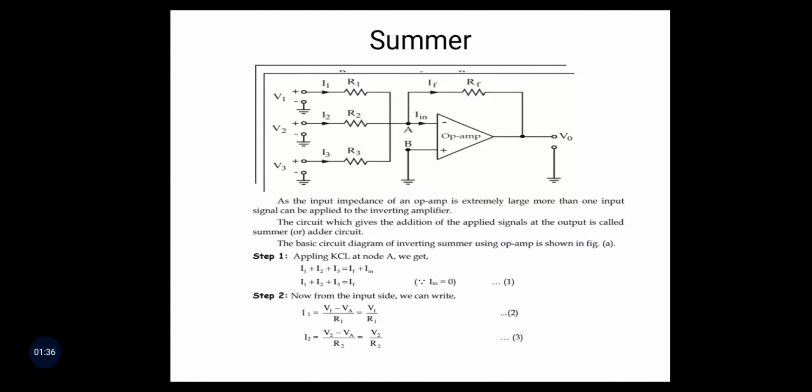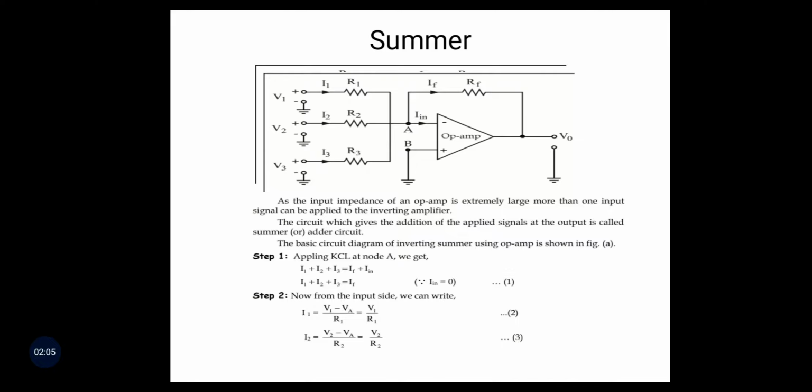The feedback resistor is RF. Through the feedback resistor, the current IF is flowing, and the output voltage is V0.